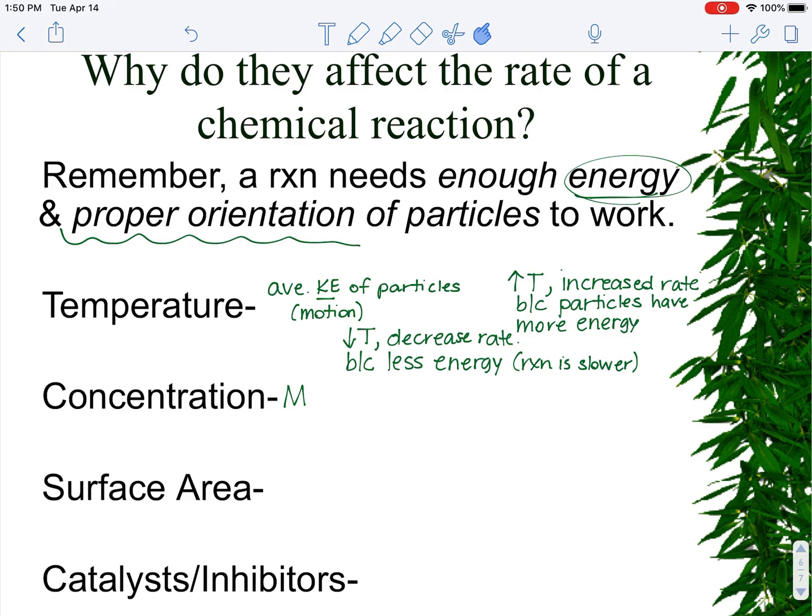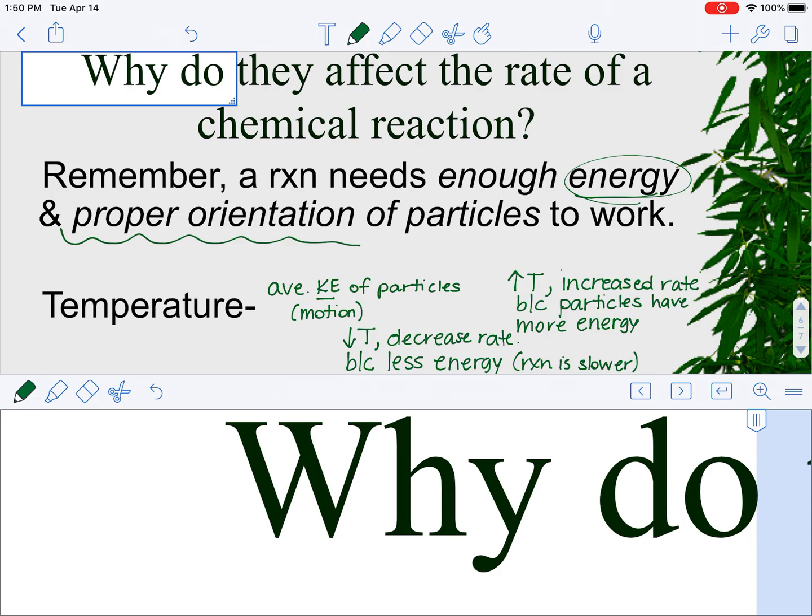Conversely, if I have a lower concentration, I now have a less probable occurrence of those particles colliding with the proper orientation. Therefore, the rate of the reaction goes down. So let's try to put that into words.